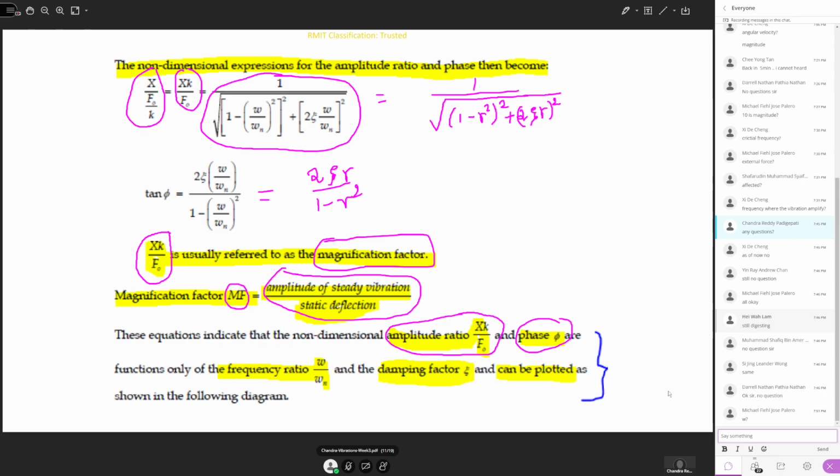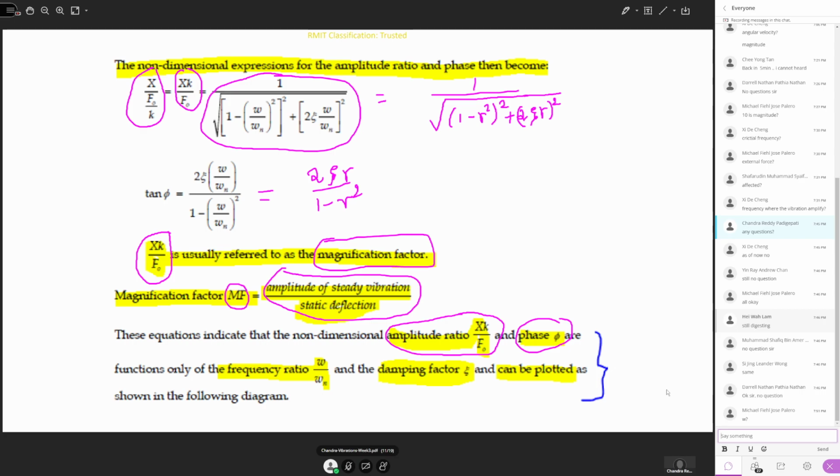So we are discussing the response of the damped forced vibration. The system is damped MKC, subjected to an external force, so we are dealing with a forced and damped vibration.